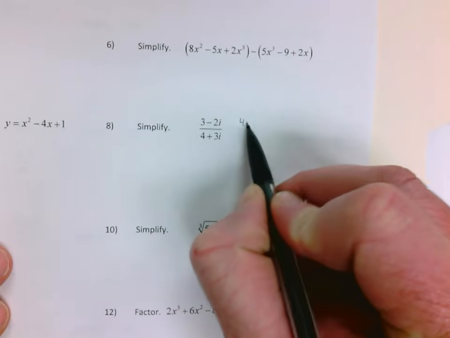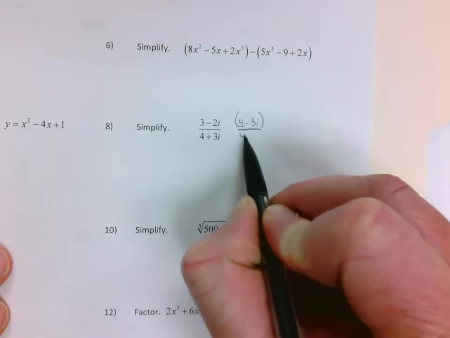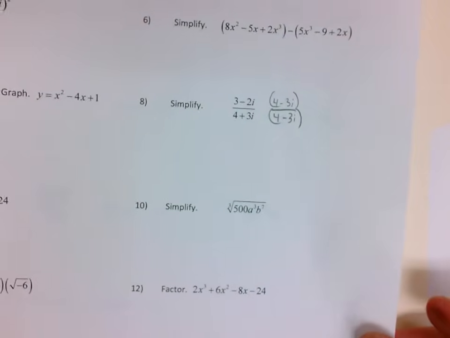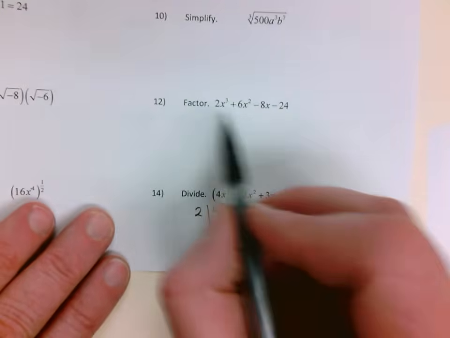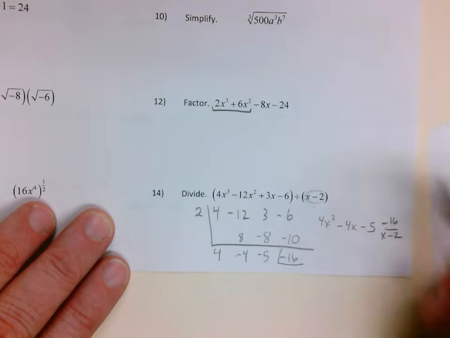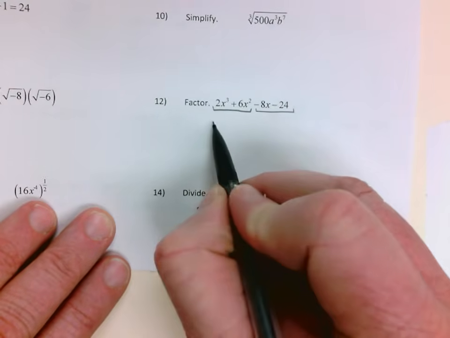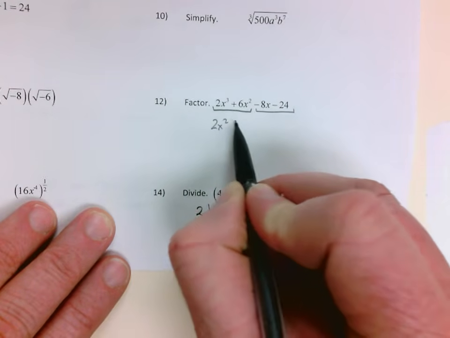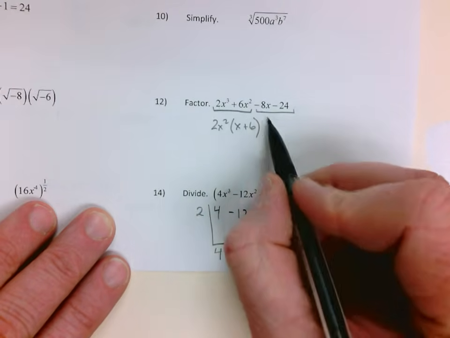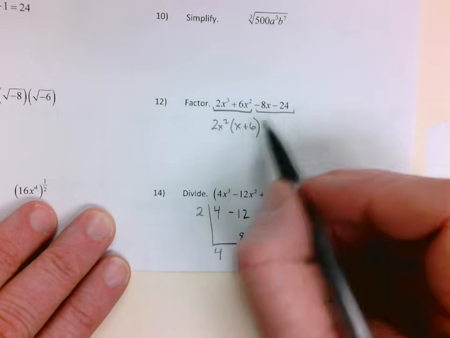Any of these imaginaries, multiply by the conjugate of the denominator. Any 4-term factoring, you want to factor by grouping. So you group the individual parts, 2x squared, take out the GCF, 2x squared leaves you with x plus 3.